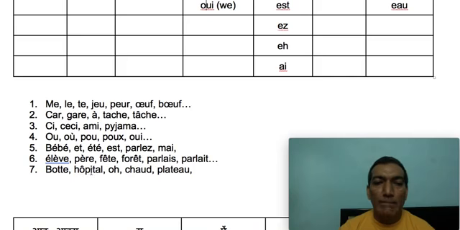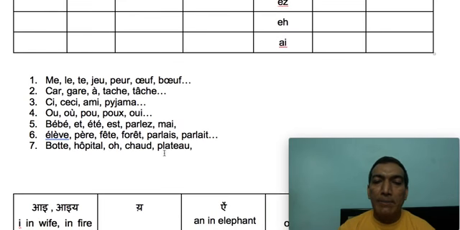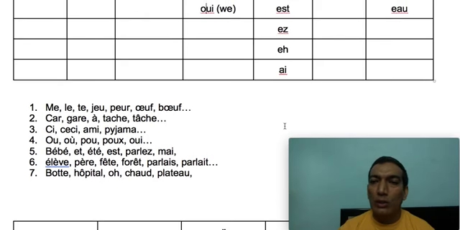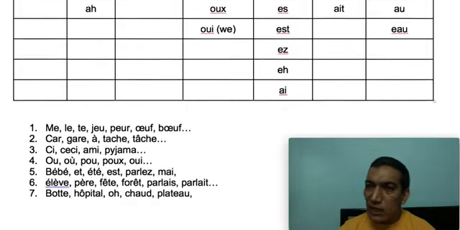Then EAU, where the final letter remains silent, as I said, at the end of a word normally. So C and H together become "sh": chaud, and the D is silent. Plateau, you see, is O also. So these are some examples of the sound O.